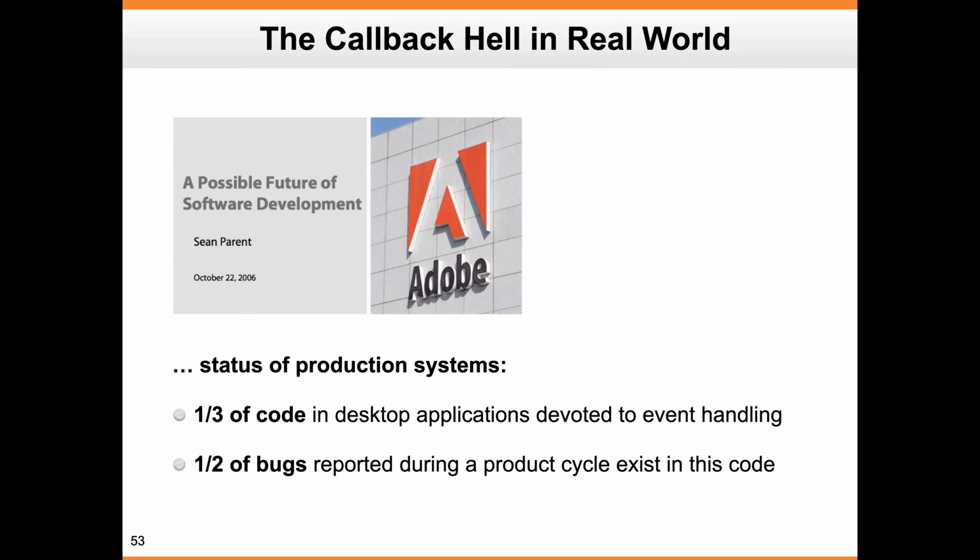There was a talk by someone from Adobe stating that 1/3 of the code in their desktop applications is devoted to event handling, and half of the bugs reported during a product life cycle exist exactly in this code. So it seems like a lot of code is needed for event handling, and this code is very error prone.